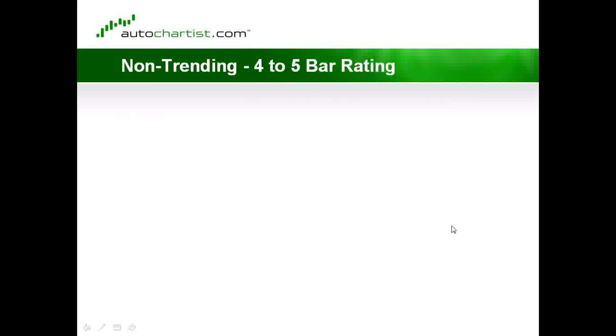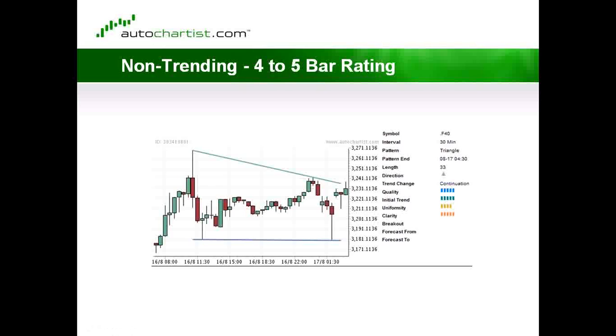And this example would look like this. This is where you have a 5-bar rating, and you can see there is a swing here that was pretty huge that set the triangle in motion, and then you had this action here where it wasn't quite flat, but you had a spike down here.